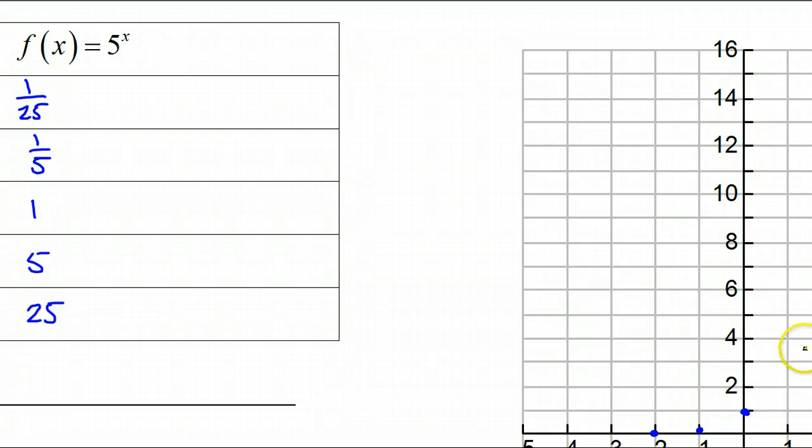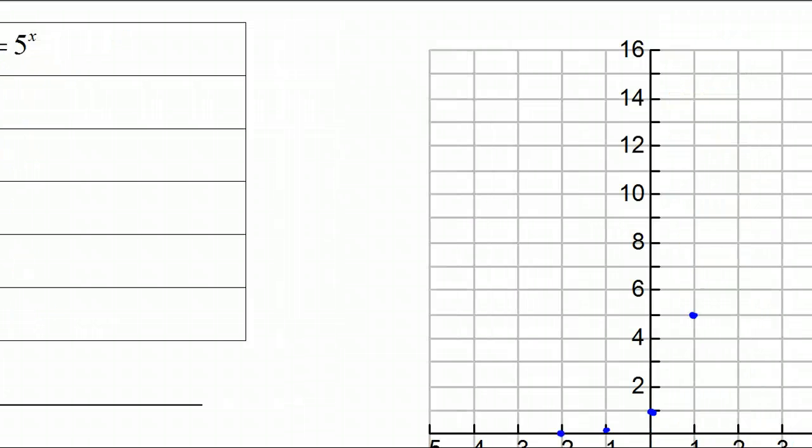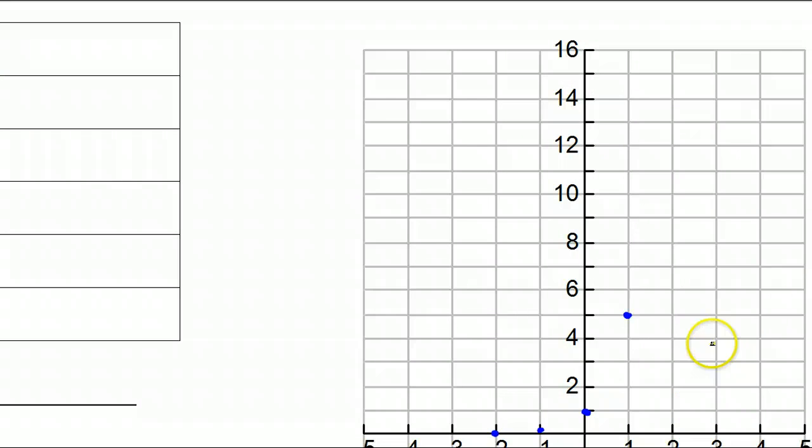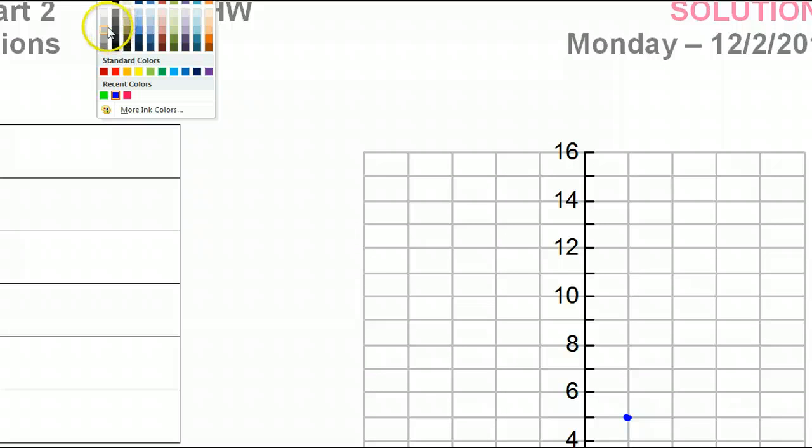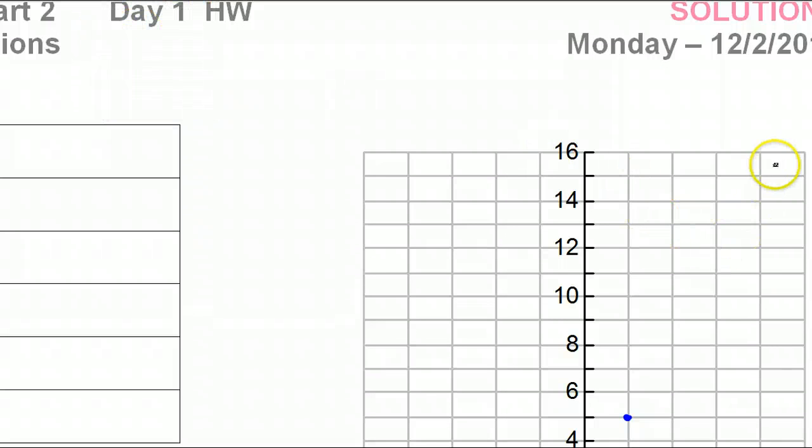At 1, we're all the way up to 5. But then at an x value of 2, we're supposed to jump all the way up to 25. Let me see if I can kind of fake it a little bit with some gray lines here. So I'll do the best I can.